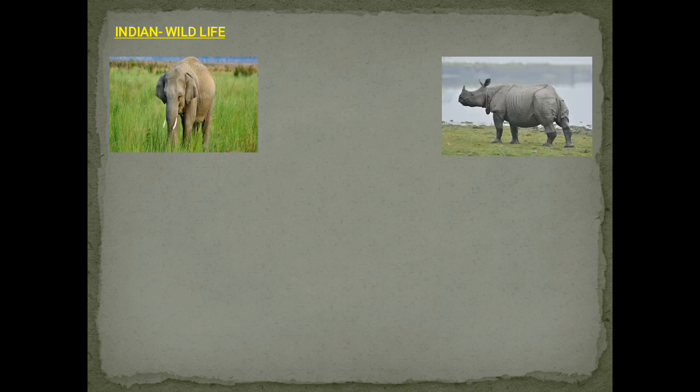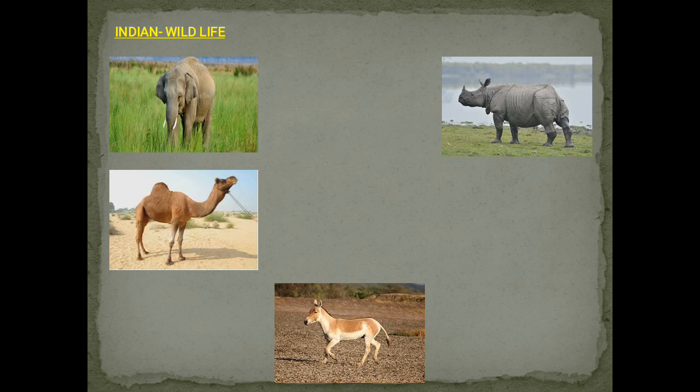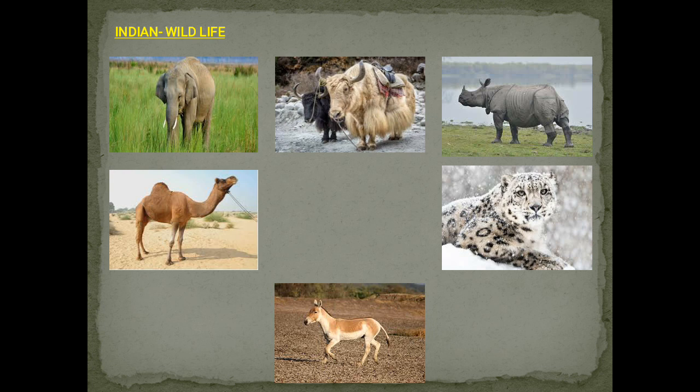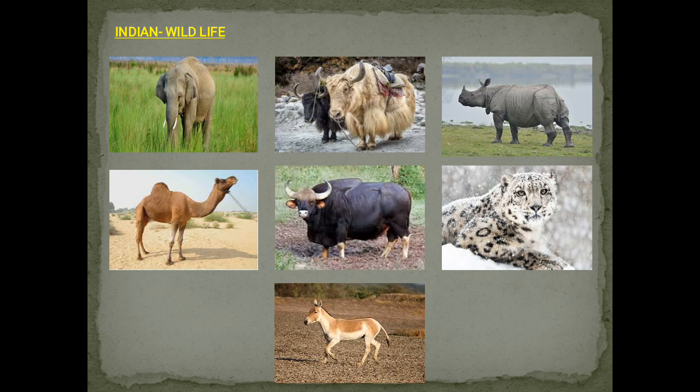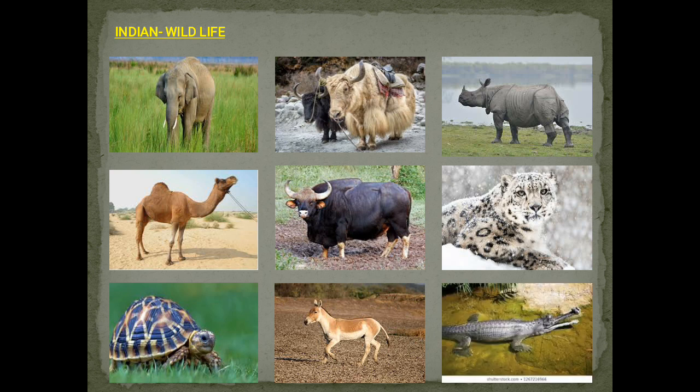Elephants, one-horned rhinoceroses, wild ass, camels, snow leopards, yaks, Indian bison, turtles, and gharial, which is also known as gavials, are found in the wildlife of India. Now let us study about the wildlife in detail.